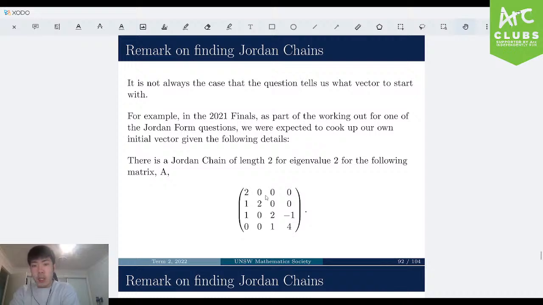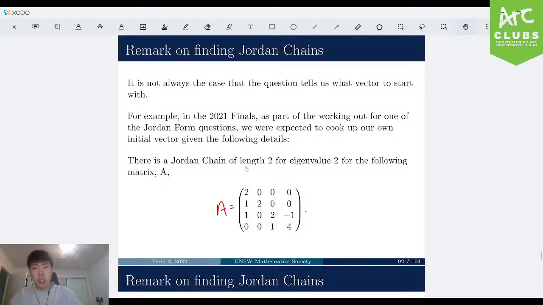Suppose that there's a Jordan chain of length 2 for eigenvalue 2, and we have the following matrix A. Okay, so this is matrix A. How are we going to start the Jordan chain process? To start it, we must first be able to cook up an initial vector to start with, right?